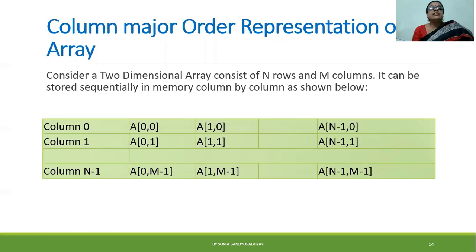Now I shall discuss the column major order representation of an array. Consider a two-dimensional array consisting of n rows and m columns. It can be stored sequentially in memory column by column as shown below. In column 0, column 1, up to column m-1, the A00 element will be stored in column 0, the A01 element will be stored in column 1, and A0,m-1 will be stored in the last column. Similarly, the A10 element will be stored in column 0, the A11 element in column 1.